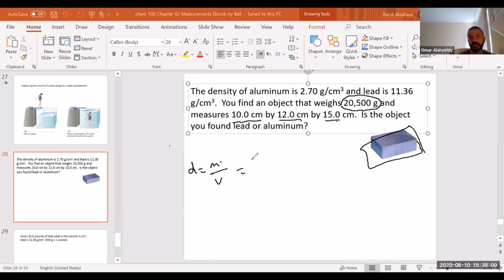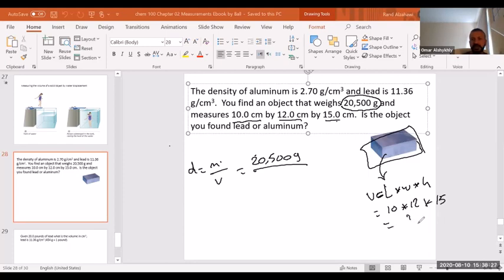The mass here is 20,500 grams, divided by the volume. What is the volume? This is a regular shape, so we calculate the volume from length times width times height. So it will be 10 times 12 times 15.